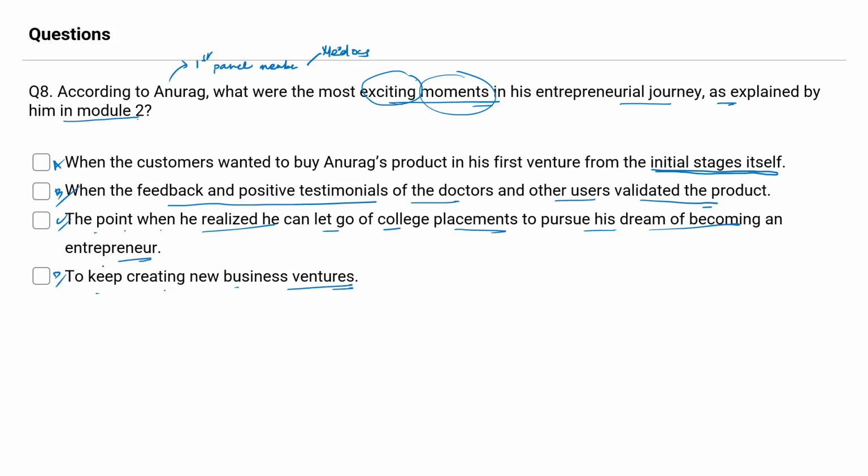Okay, you've got four options. We are trying to understand the exciting moments of Mr. Anurag, who was one of the panel members.